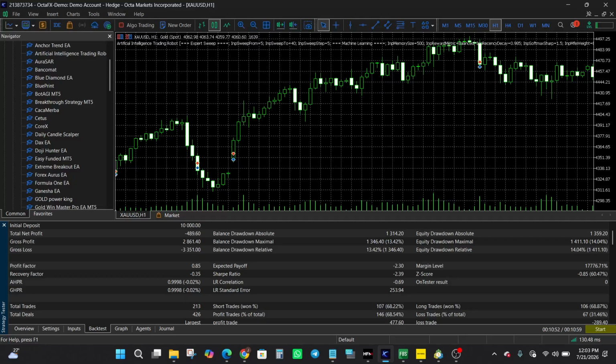Now I want to be upfront that historical testing like this is only one part of evaluating an EA. It reflects one broker, one time window, and one set of settings. None of that guarantees how it performs going forward. Results here could shift with different lot sizing, risk settings, broker execution, or spread conditions.